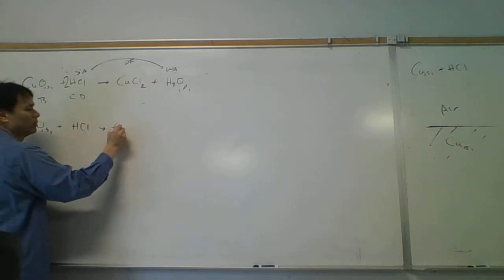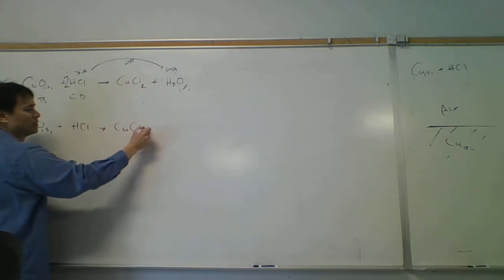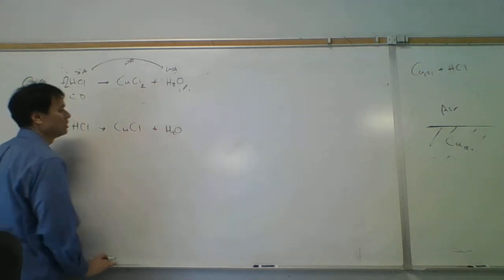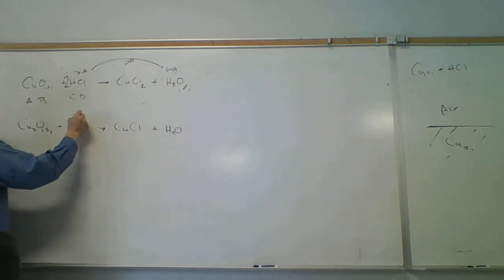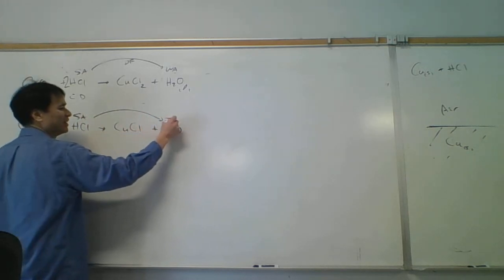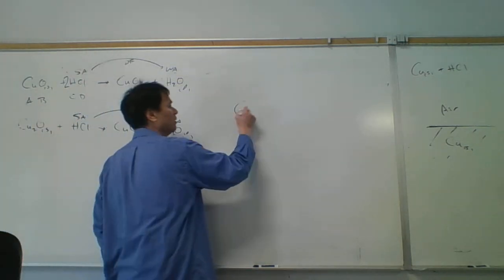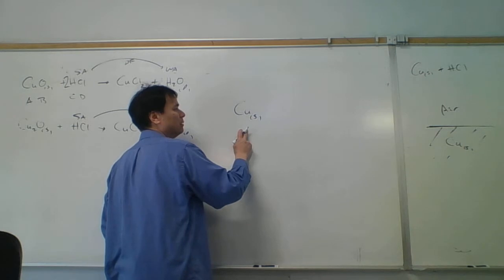So copper 1 with chloride is CuCl, is +1 -1, and hydrogen oxide is water, H2O. And so again, this is stronger acid to weaker acid. And so what's going to happen is the solid layer of oxide is going to be eaten away, dissolved by the acid. So once I dissolve the oxide, then I'm going to be left with copper metal, bright, shiny copper metal.